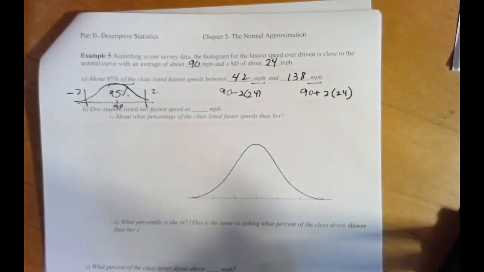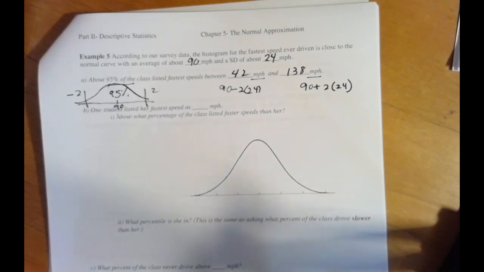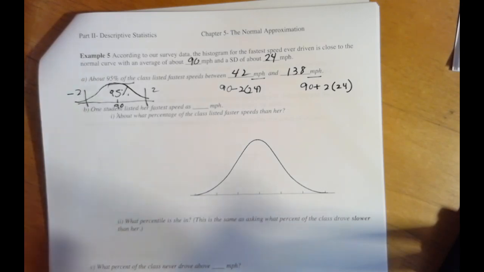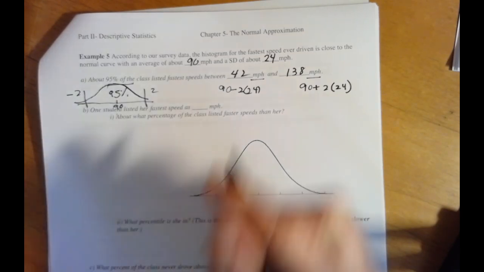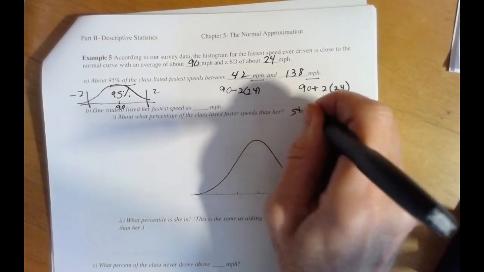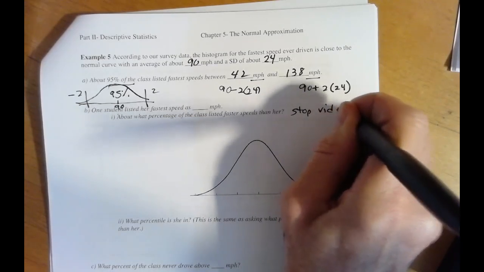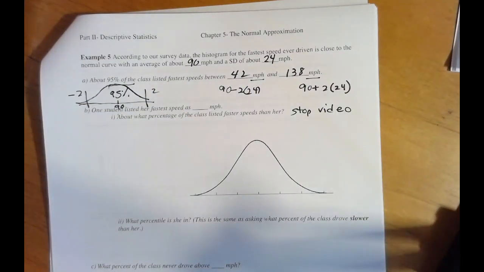All right, now I advise you at this point, and I do this a lot, to stop the video and try what I'm going to do right now on your own, because you have all the information to do it and you'll learn so much better. So my advice is right now, stop the video and just do these problems and then check your answer.